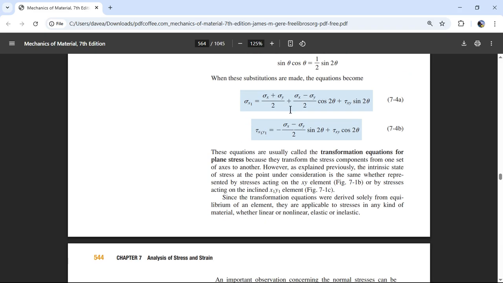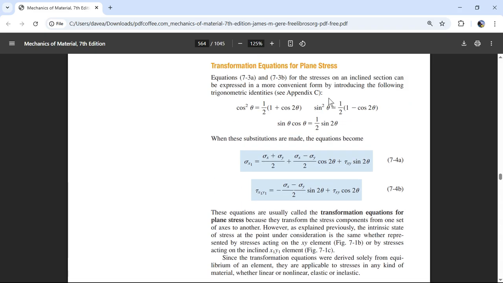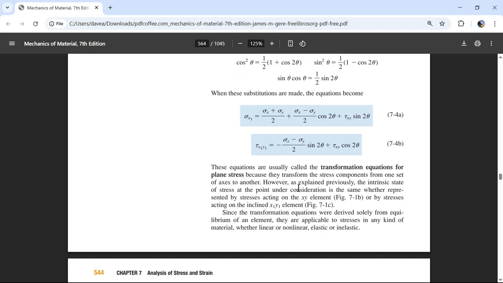Oh, so those are the ones with the trigonometric identities. And then to get sigma y1, we're going to throw in theta plus 90. And if theta is 0 on cosine, this is 0.